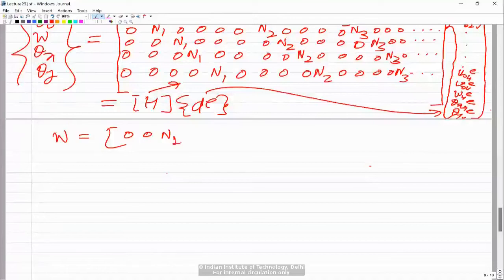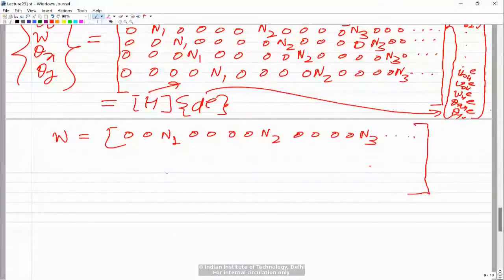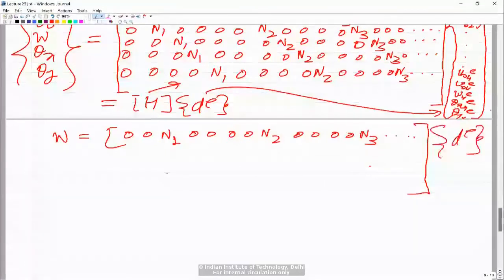So we will have 0 0 N1 0 0, and then again 0 0 N2 0 0, and then again 0 0 N3, and so on, into this DE, the same vector D which we have defined. So let me call this the interpolation for W as HW into DE.